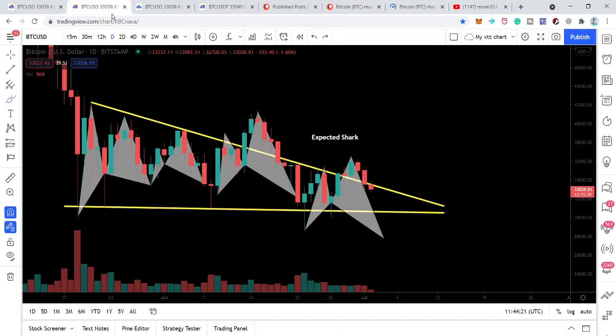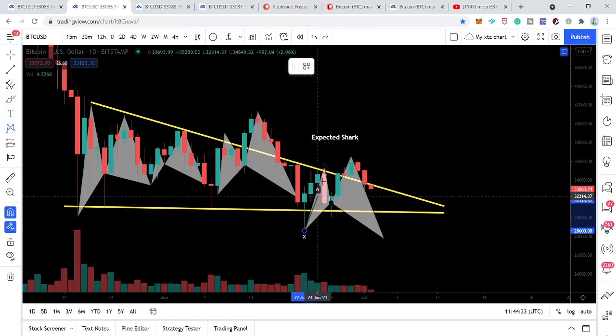But this time the price action behaved differently, because this C leg was a little bit longer if we compare it to the bullish shark. Let me replace the Fibonacci tool here, then it will be better for us to understand.